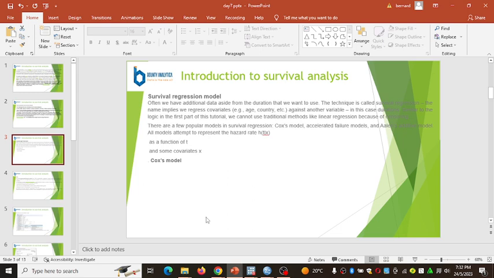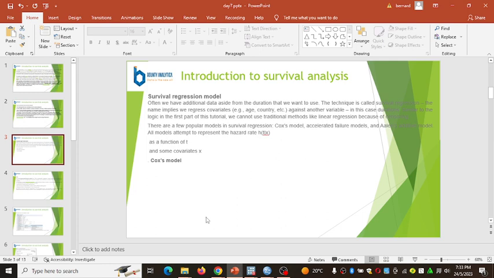Okay, now we jump to something new that is called the survival regression model. What do you understand by regression?